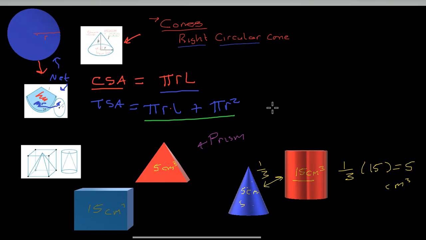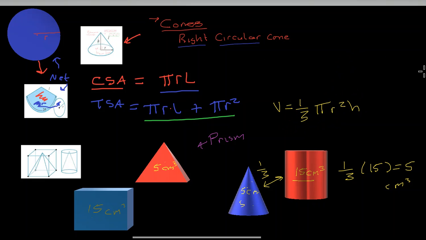So the volume of a cone then is going to be equal to 1/3 the volume of a cylinder. Now, if we remember, the volume of a cylinder was just pi r squared by height.